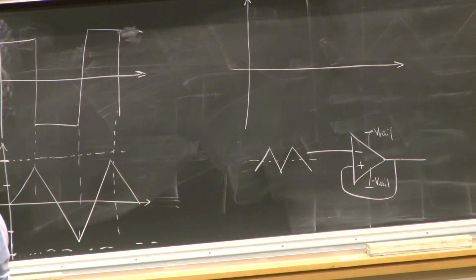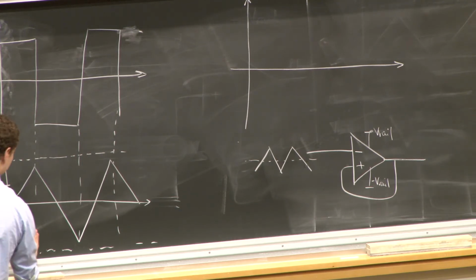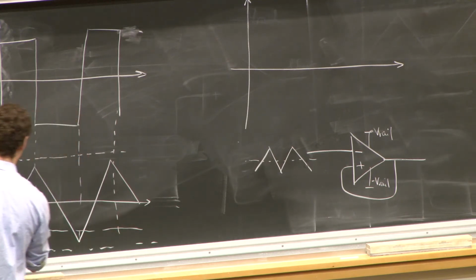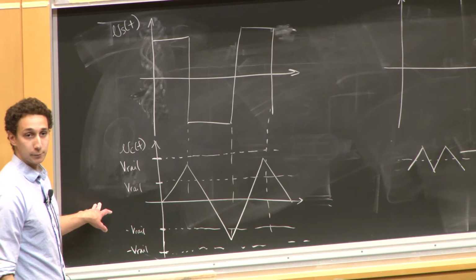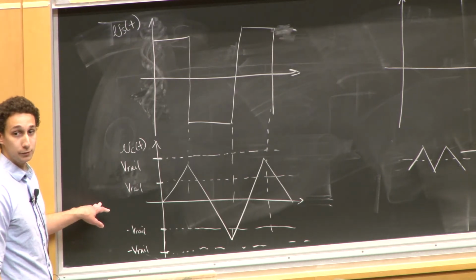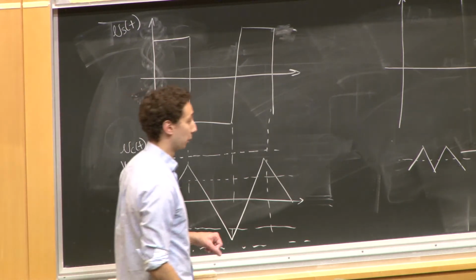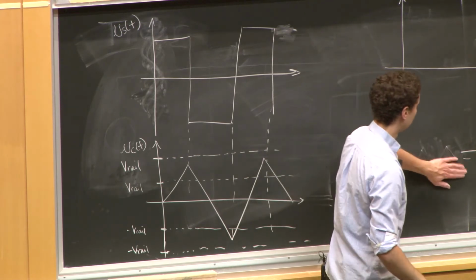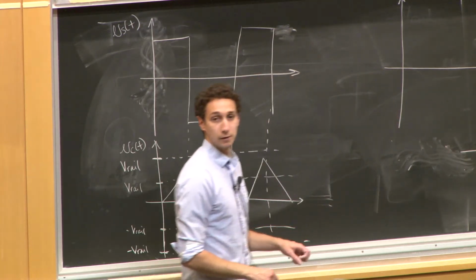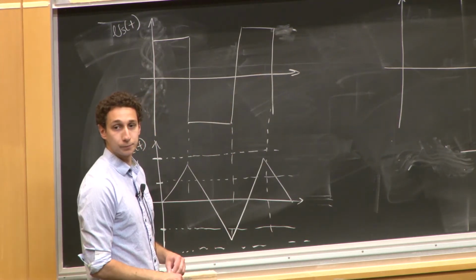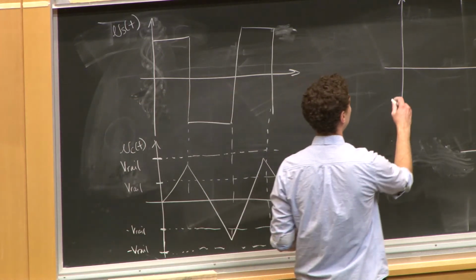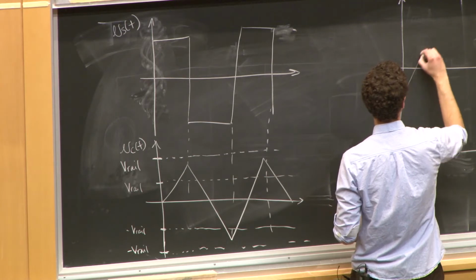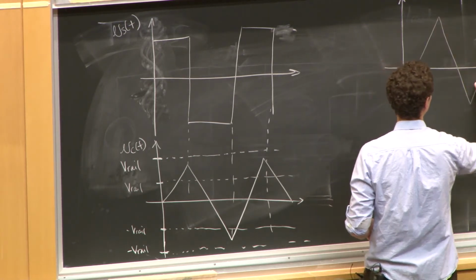Okay, is that clear? On the other hand, let's say VRail is somewhere in the middle, and minus VRail, somewhere in the middle of my capacitor waveform, capacitor voltage. What is this output going to look like? So we have our capacitor waveform that looks something like this.